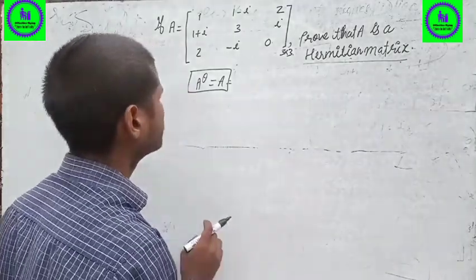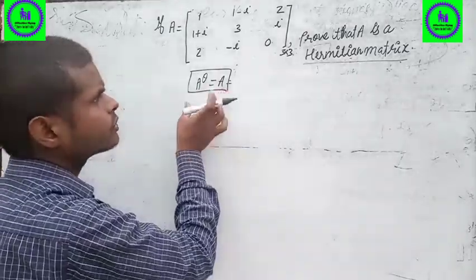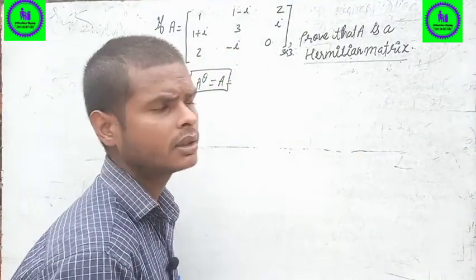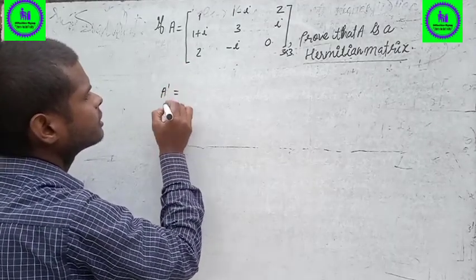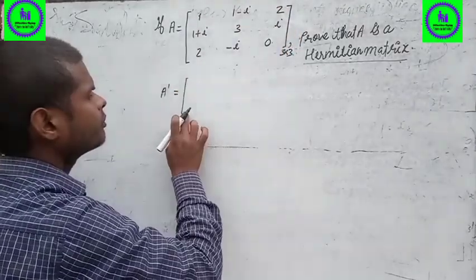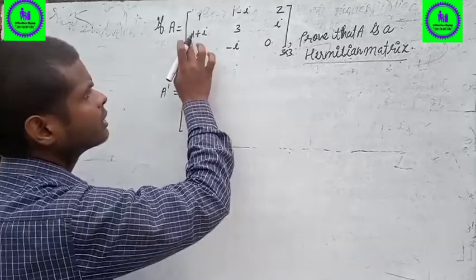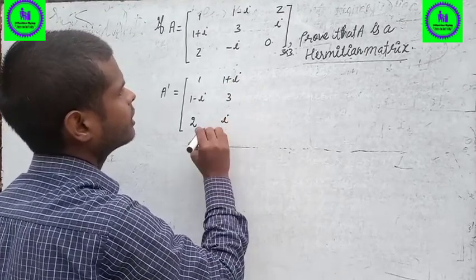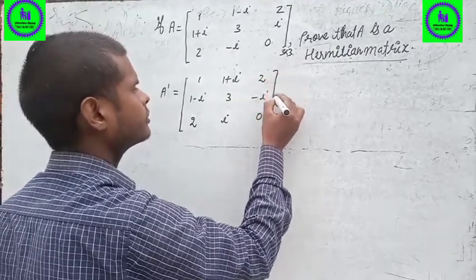Now we will check whether this is true. If it is true, then this matrix is a Hermitian matrix. Otherwise, it is wrong. Taking the transpose of this matrix, we get the first row as the first column: 1, 1 minus iota, 2. Second row as second column: 1 plus iota, 3, iota. Third row as third column: 2 minus iota, 0.